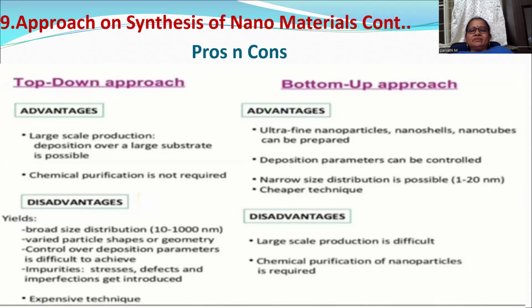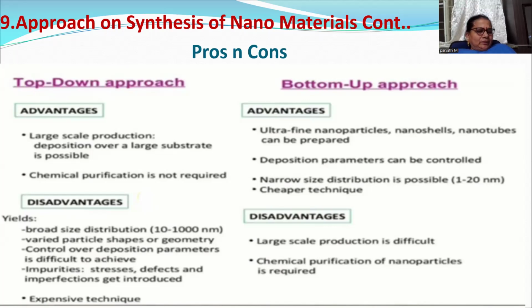In the bottom up, advantages are ultra fine nanoparticles, nano shells, nanotubes can be prepared. And then in the top-down approach, one more advantage, chemical purification is not required. In the case of bottom up, narrow size distribution is possible, up to 1 to 20 nanometer, cheaper technique. Then disadvantages under top-down are broad size distribution, 100 to 1000 nanometer, varied particle shapes or geometry.